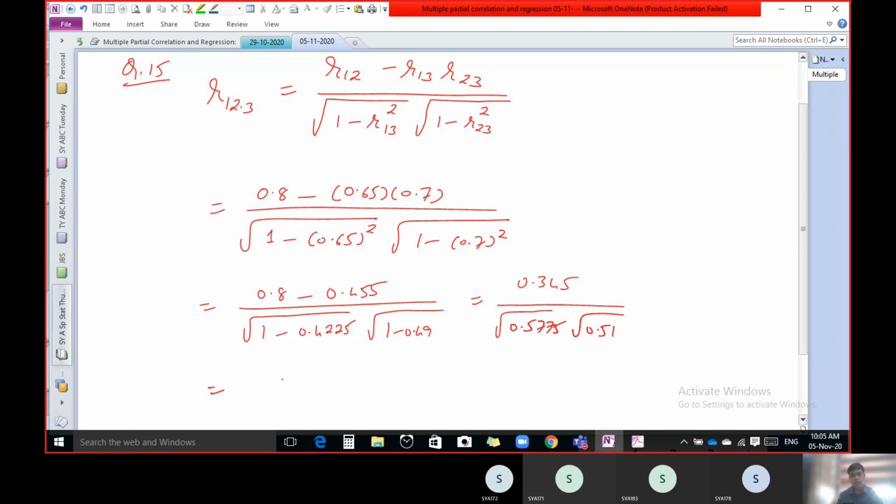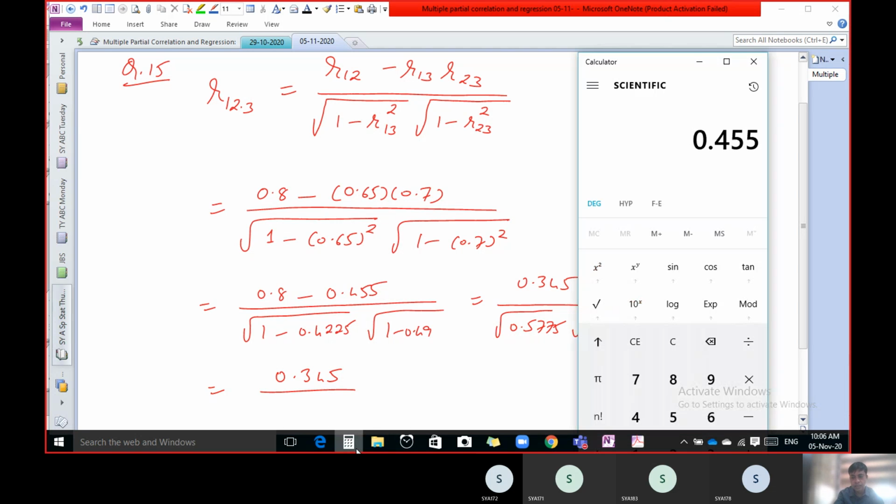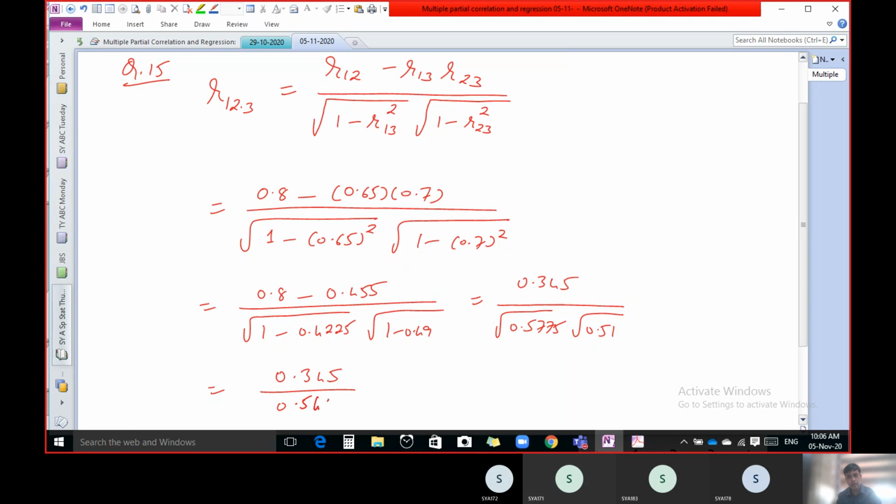Now first of all, do one thing: multiply these two numbers, 0.5775 into 0.51, and then take its square root. You can get the direct answer, 0.5427.